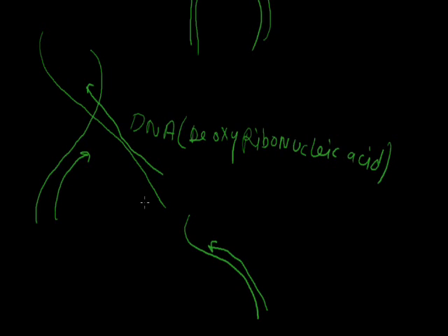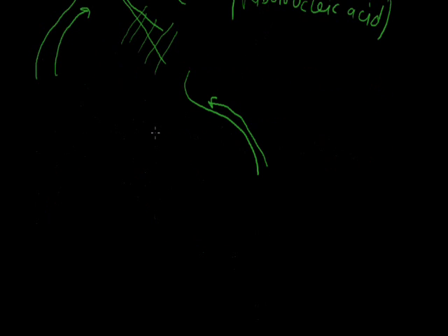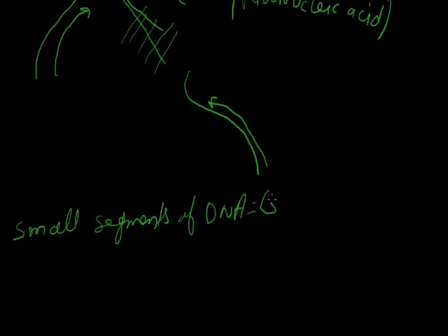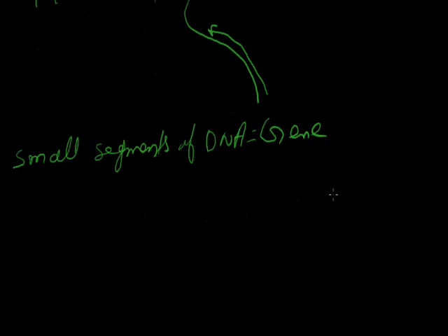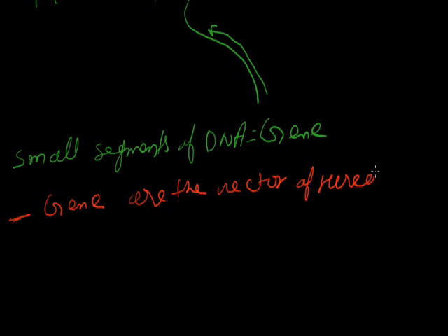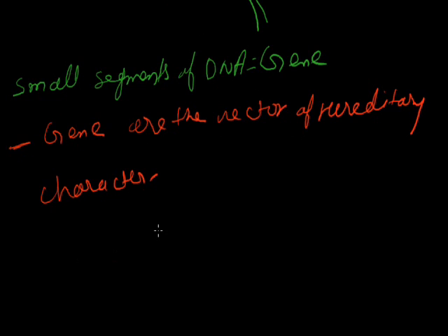And if I deal with the small segments of the DNA, these small segments of DNA are known as genes. And genes are the vector of hereditary character. It means they carry information from one generation to the next.